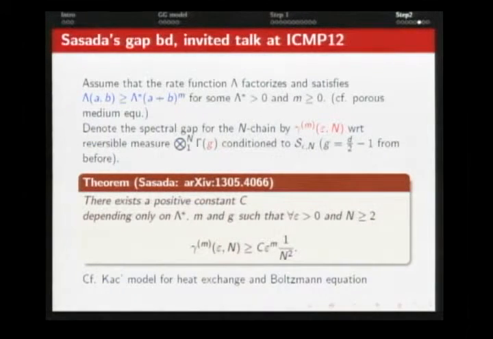But Makiko Sasada, in her invited talk at the International Congress of Mathematical Physics, could prove in general that if the rate satisfies this kind of condition, not only the power 1/2 but an arbitrary non-negative power, then you have this kind of spectral gap, constant over n squared, but the spectral gap also depends on epsilon, the energy density in the model.